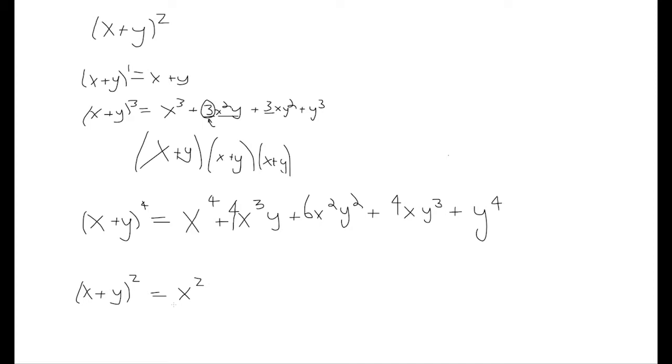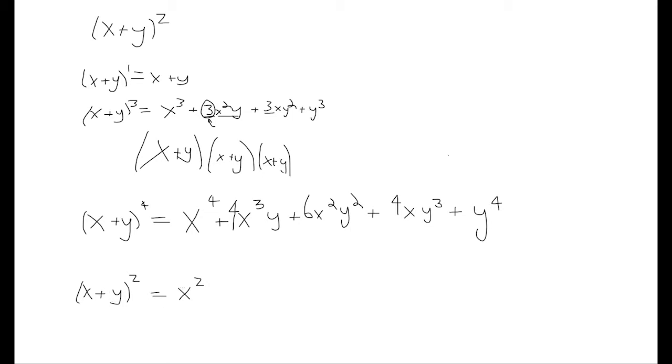Well, there will always only be one, because there's only one way for all of these factors to be x. So we're always going to have some x to the z. If we were to have x plus y to the 5th, it would produce an x to the 5th, just one, okay?